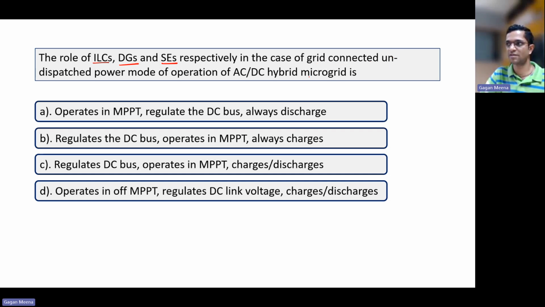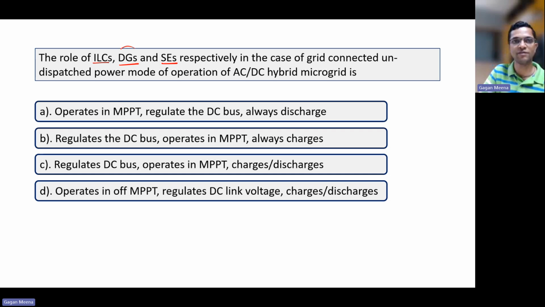That means they are not supposed to operate at a particular power point. That means they can operate at their maximum power point. So what is the role of these different elements?